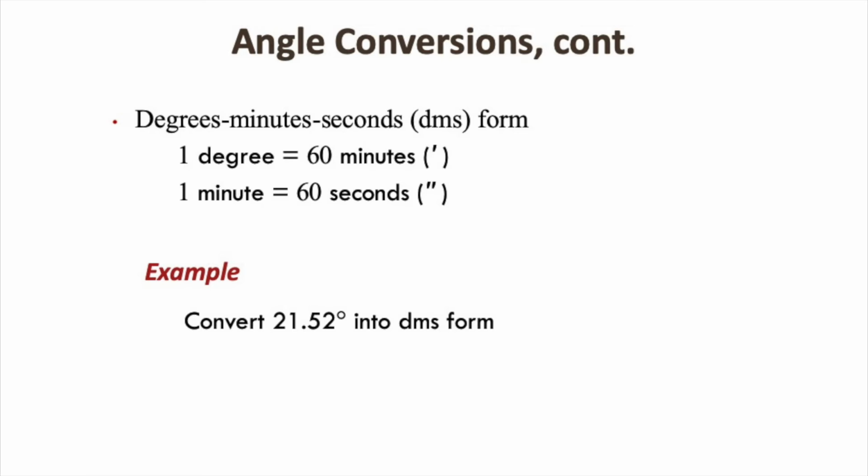To do this, we are going to convert the decimal part of the degree, which is 0.52, into minutes. Then we'll convert the decimal part of the minute to seconds. So let's start. We know that 1 degree is 60 minutes.